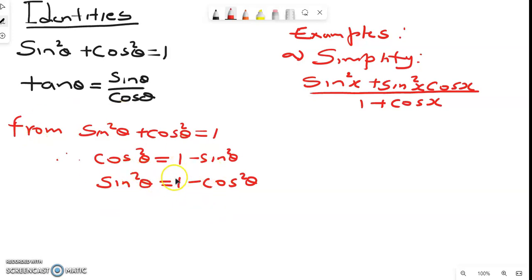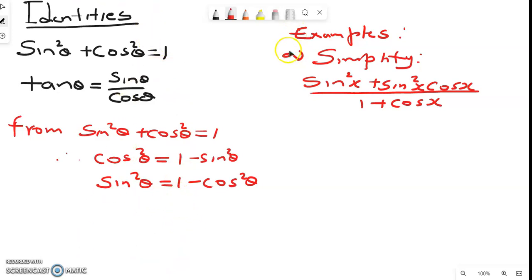This is also called the square identity. Therefore, to simplify expressions and to prove identities, we are going to use these two fundamental identities. So let us check our first example.